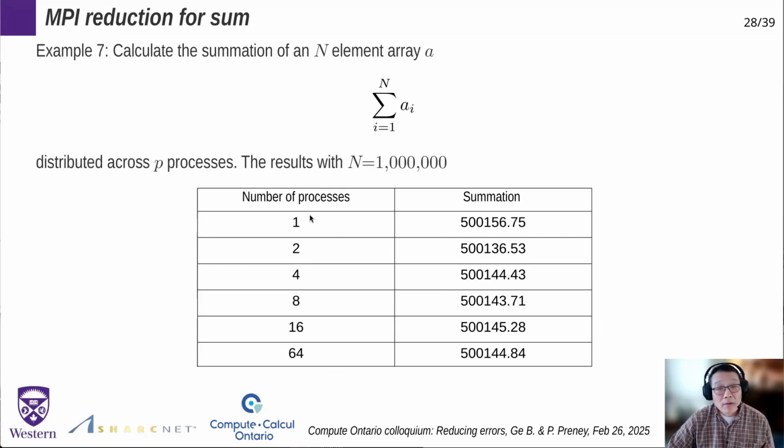We vary the number of processes and look at the summation we get. Again, we compute the summation using single precision. As we see, when we use a different number of processes, we get different values. If you consider this a dollar value, the difference is as much as $20.